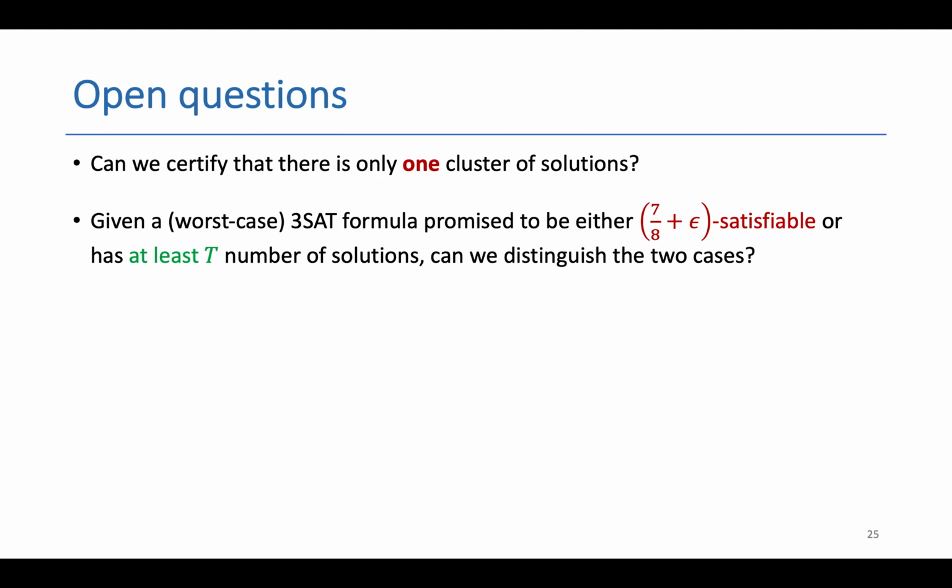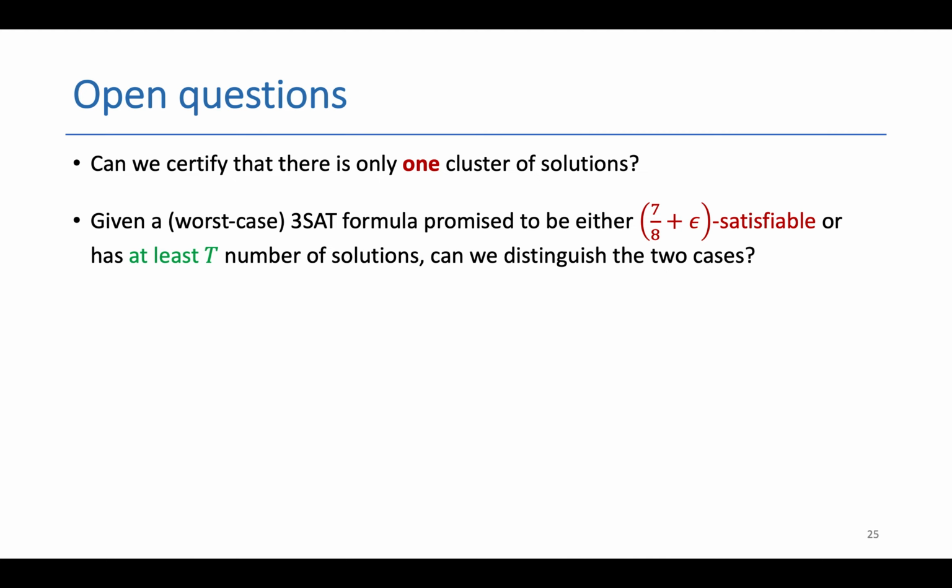And the second question that I'd like to ask here is a worst case question. So we know that distinguishing a 3-SAT formula that is 7/8 plus epsilon satisfiable from one that is satisfiable is actually NP hard.